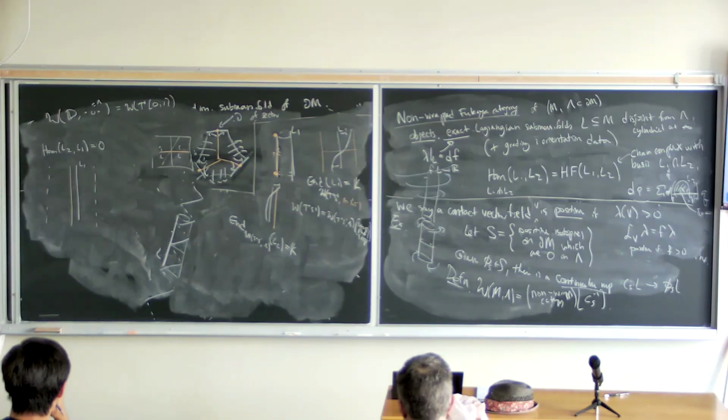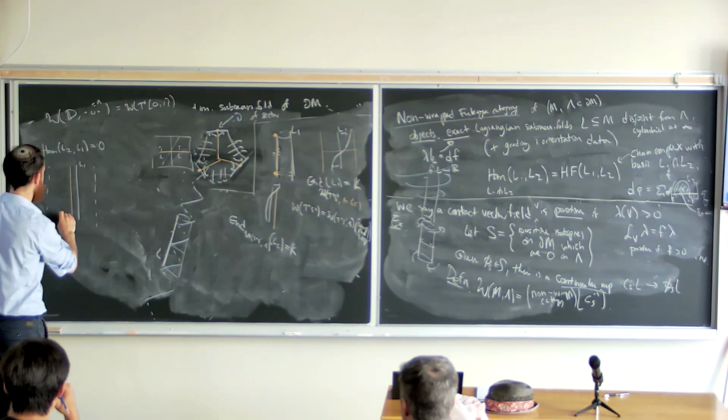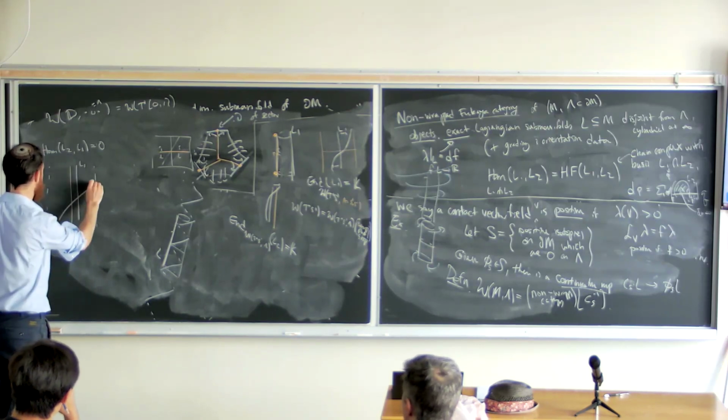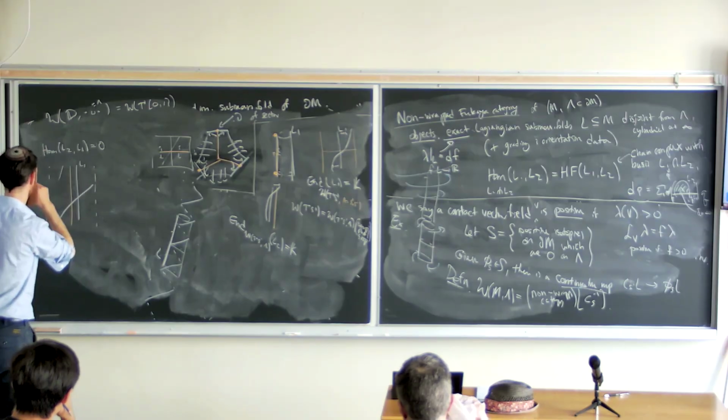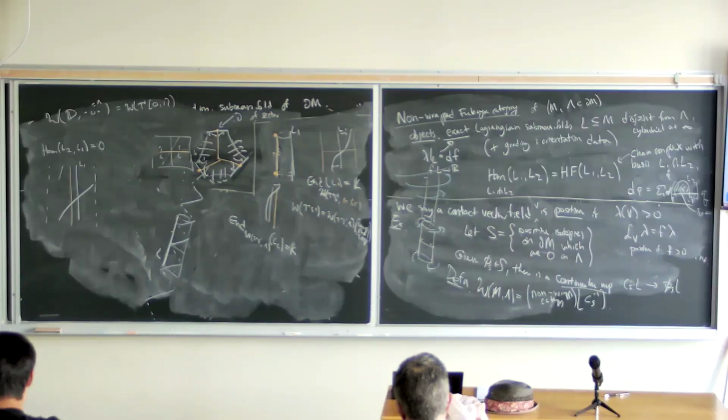This is my L1. And I want L2 to look like this, maybe. Maybe that is what I had L2 doing before. So the point is that Hom from L2 to L1 is going to be 0. Okay, maybe something is going to depend on my conventions.